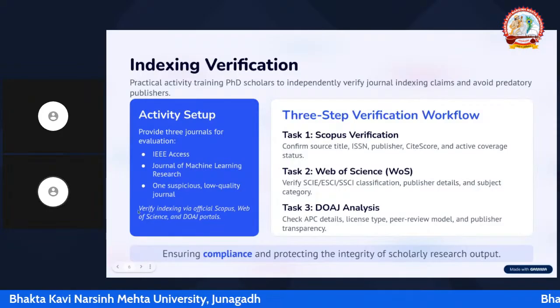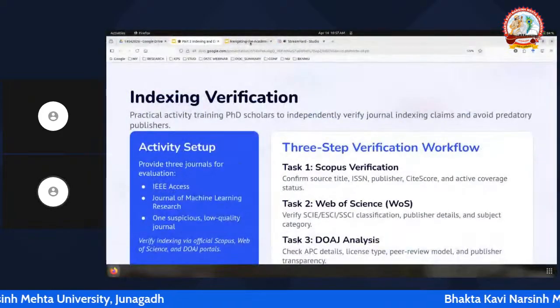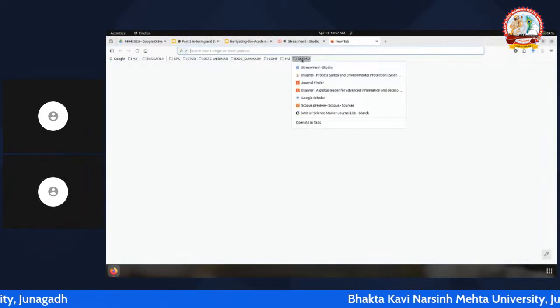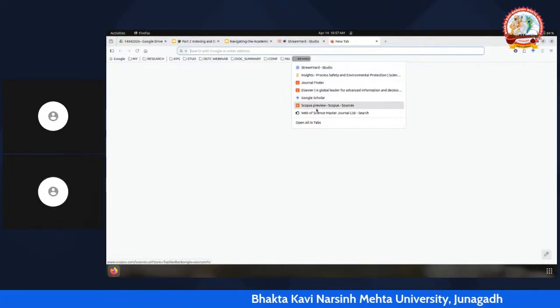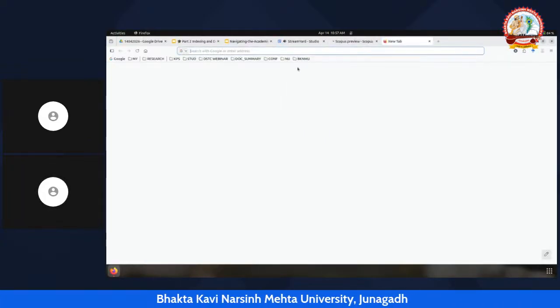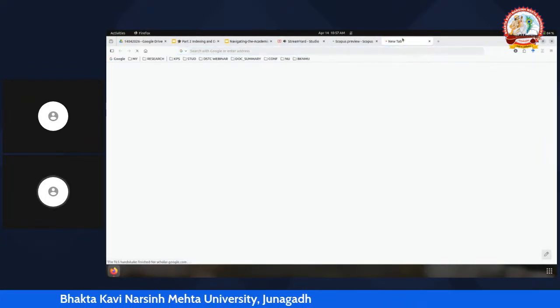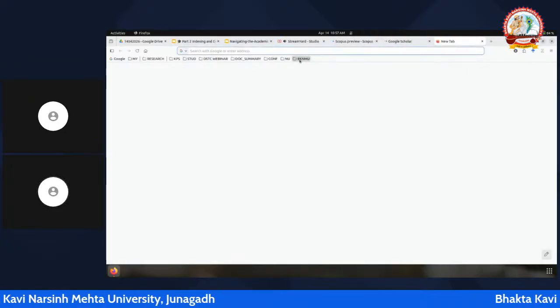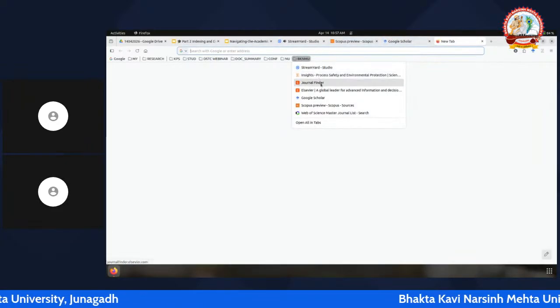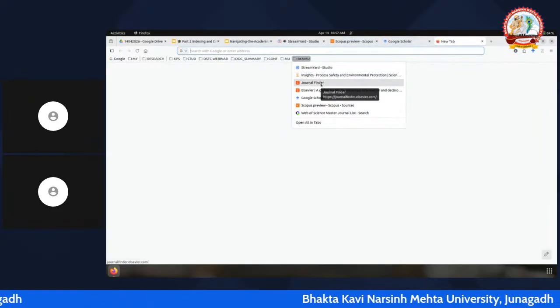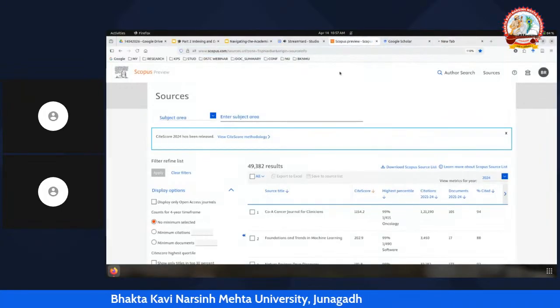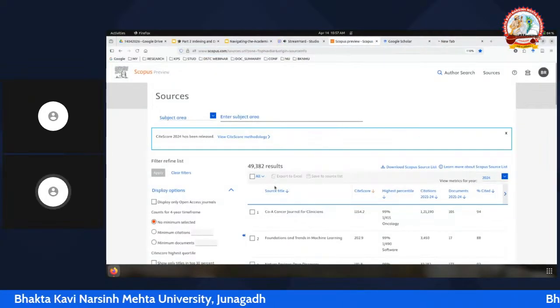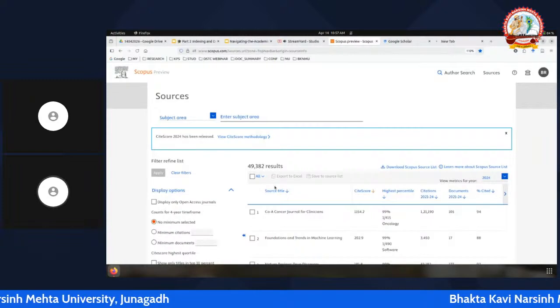I have one practical session, a practical list. We can identify Scopus, Google Scholar, as well as Web of Science. So here we have the window of Scopus.